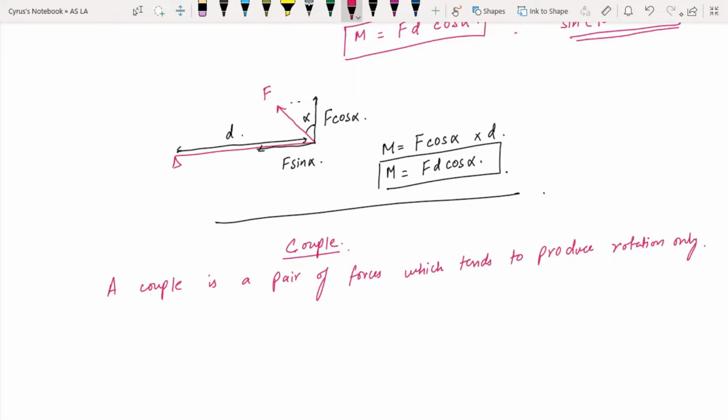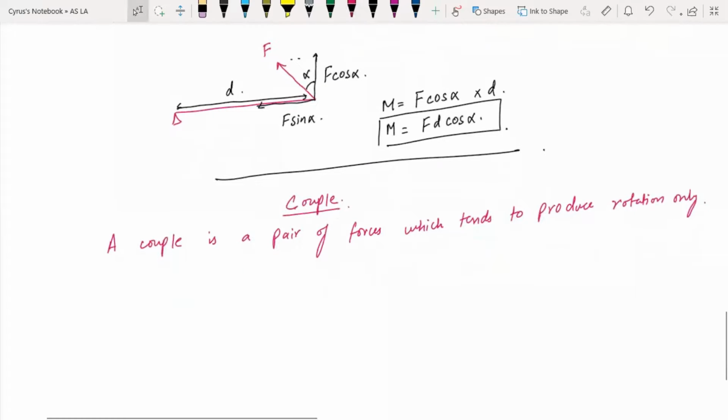And you apply a force upwards and you apply a force downwards. I'm going to show you that. Remember that these forces are parallel and equal in magnitude, but in the opposite direction.